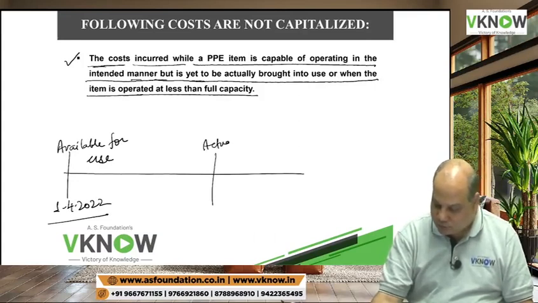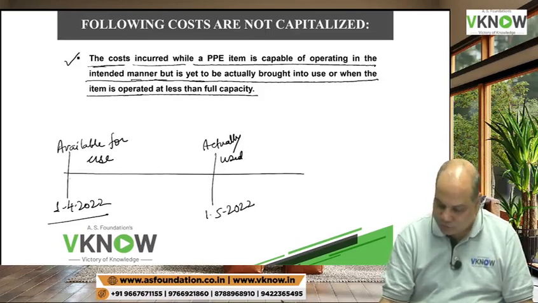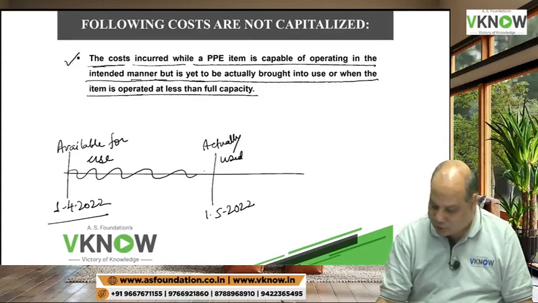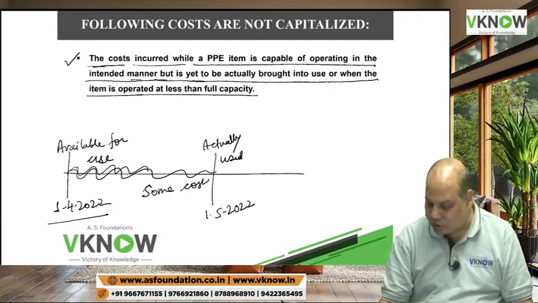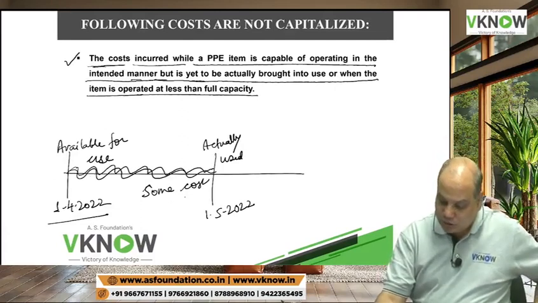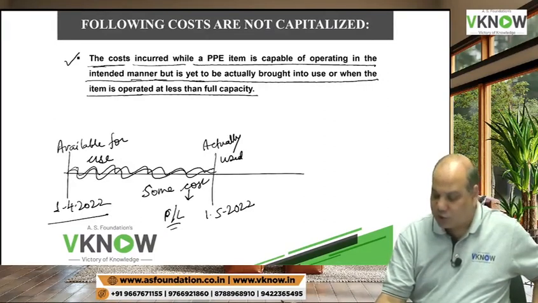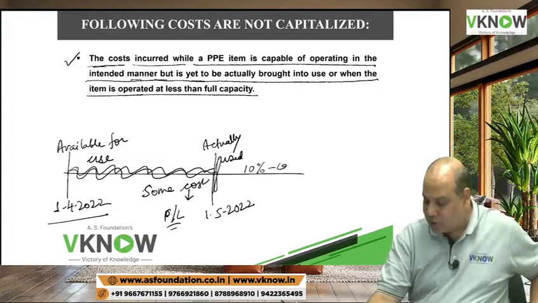Actually used from 1st May 2022. You may have incurred some cost here. Some cost was incurred after the asset was available for use or when it was actually used. The answer is, what will happen to this cost? This cost will be charged to the P&L account. Or even if you are using the asset, you are only using 10% capacity.